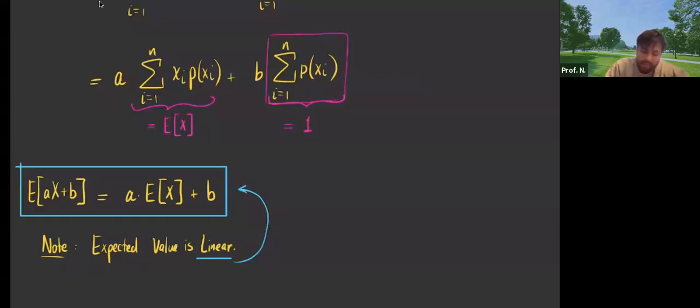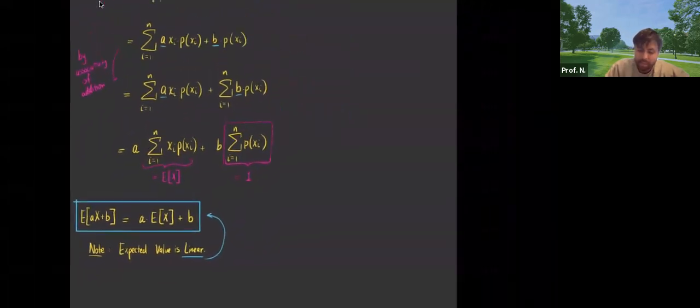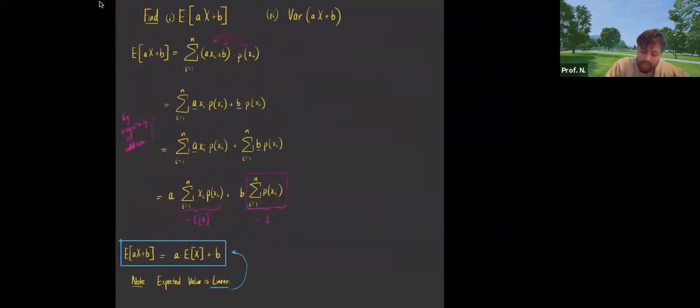It means that if I have an expected value of an expression like this, then in reality, all I really care about is the expected value of x. I multiply by a, and then I add b to it. So that's a pretty important property, a characteristic of expected value. You can think of it as a function. The function for taking the expected value is linear. And we'll see how that's applicable in other examples. So that's the expected value of ax plus b.